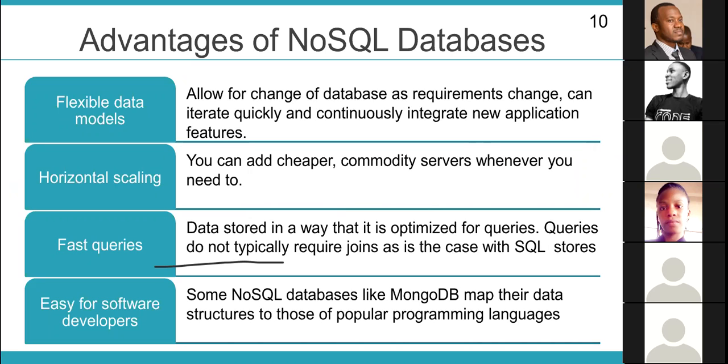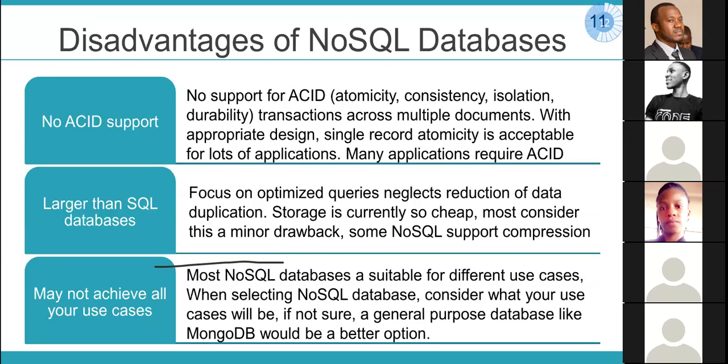So this makes it easier for software developers because they typically will be applying the same techniques they usually apply when they're doing their programming. So that's another bonus when it comes to NoSQL databases.